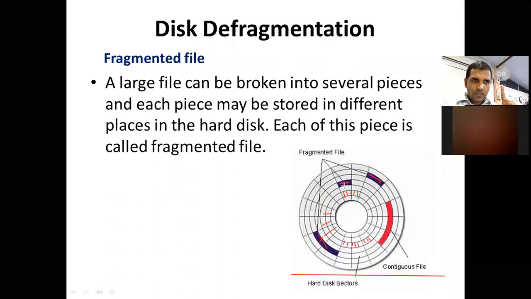One part is here, the second part is here, the third part is here. So these pieces of a file are called fragmented files, right? But we are unable to realize this when we use the computer, because when we want to open that video, it opens as a whole, even though the pieces are in 3 locations, right?